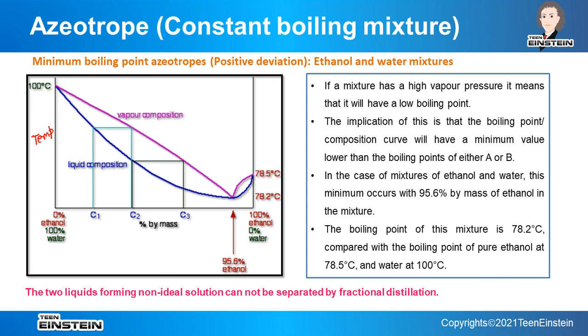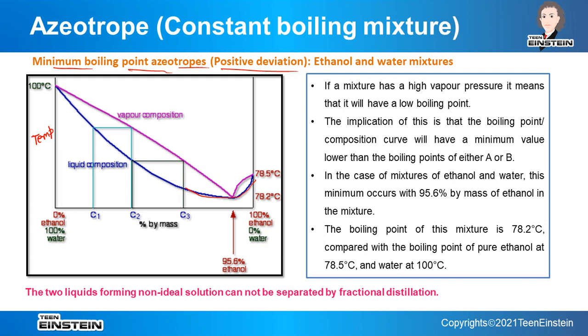So in this picture, we are seeing that there is a deviation like this. We are calling it a minimum boiling point azeotrope, and why the name is so, you will understand after some time. But remember, this type of graph for temperature versus composition we will get only when there is positive deviation.